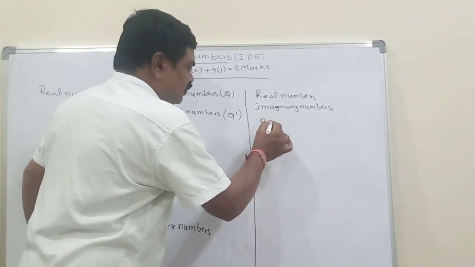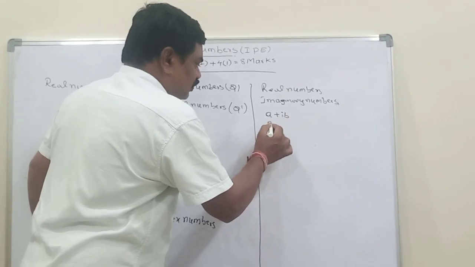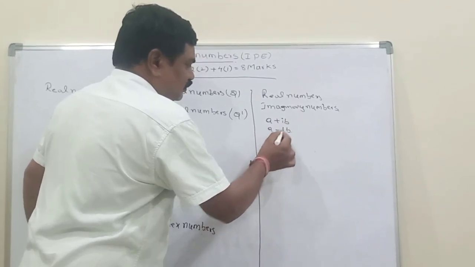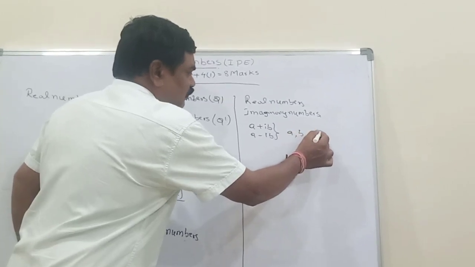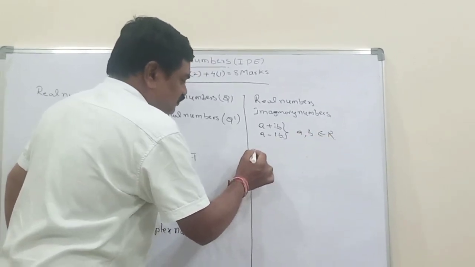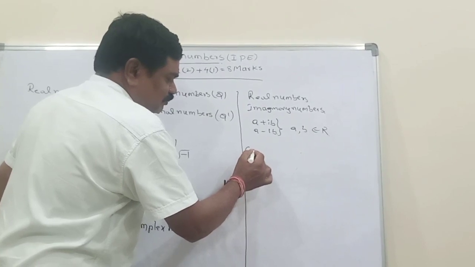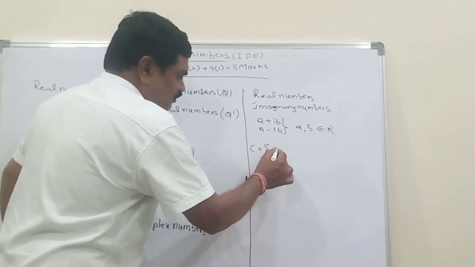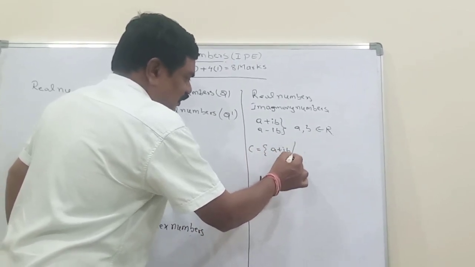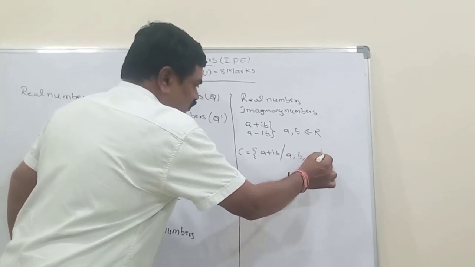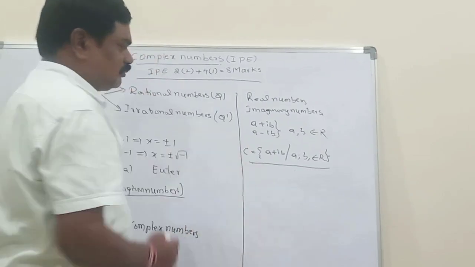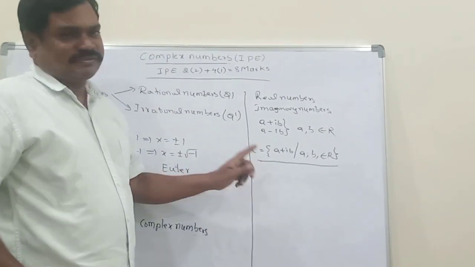Like this: a plus ib, a minus ib, where a, b belong to R. That means a complex number is represented by C is equal to a plus ib, where a, b belong to R. Then this type of numbers are called complex numbers.